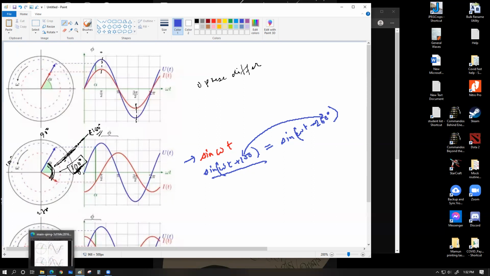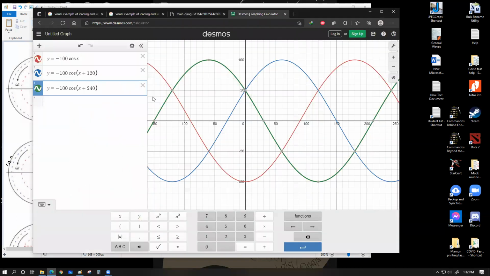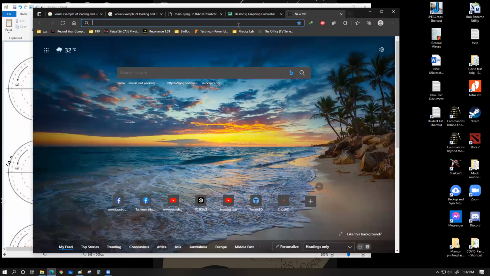I'm not going to draw this manually, so I'm going to use Desmos to show you the drawing of this thing.